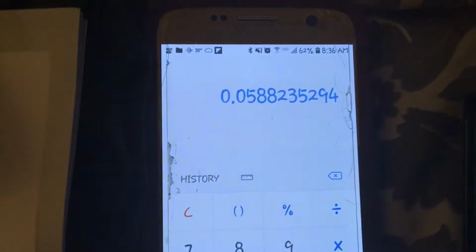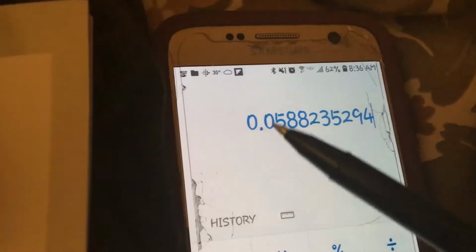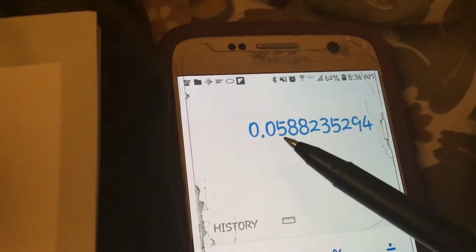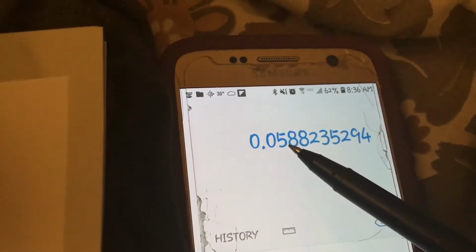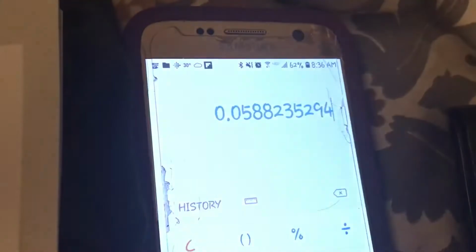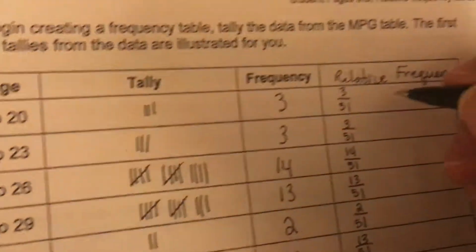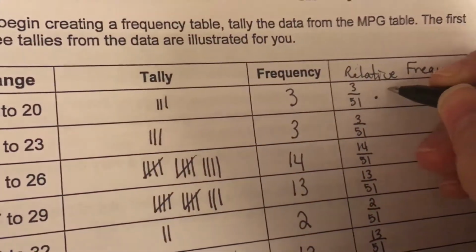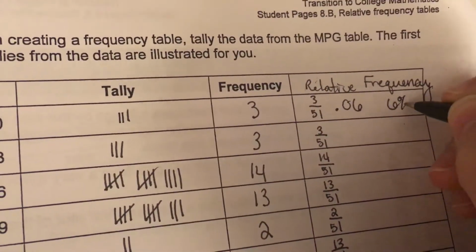I'm going to take the decimal and go 2 spots over, and that'd give me 5%. But actually it's not just 5%. You have to look at the next number. The 8 would round that 5 up to a 6. So this would actually be 6%. So I'm going to put 0.06, which is 6%.